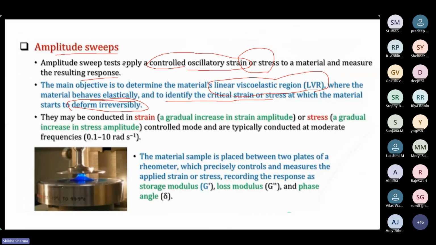So from this amplitude sweep measurement, for a viscoelastic material like a polymer or dough, we can define how much stress we can apply so that it can come back to its original, reversible phase.